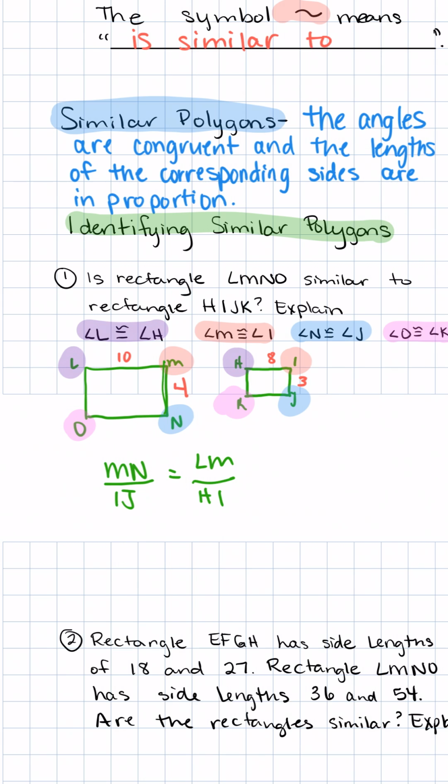MN is 4 over IJ, which is 3, is equal to LM, which is 10, over HI, which is 8.